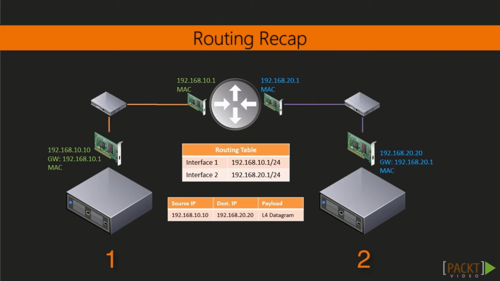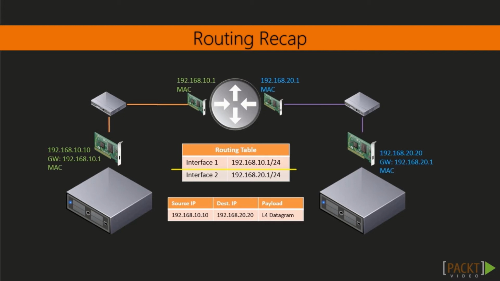This is possible because a router always learns from locally connected interfaces, because each interface has an IP address and a subnet mask. As soon as you configure an interface on a router, the router creates an entry in the routing table saying, on interface 1, I have the IP subnet 192.168.10.1/24, because it's its own IP address.